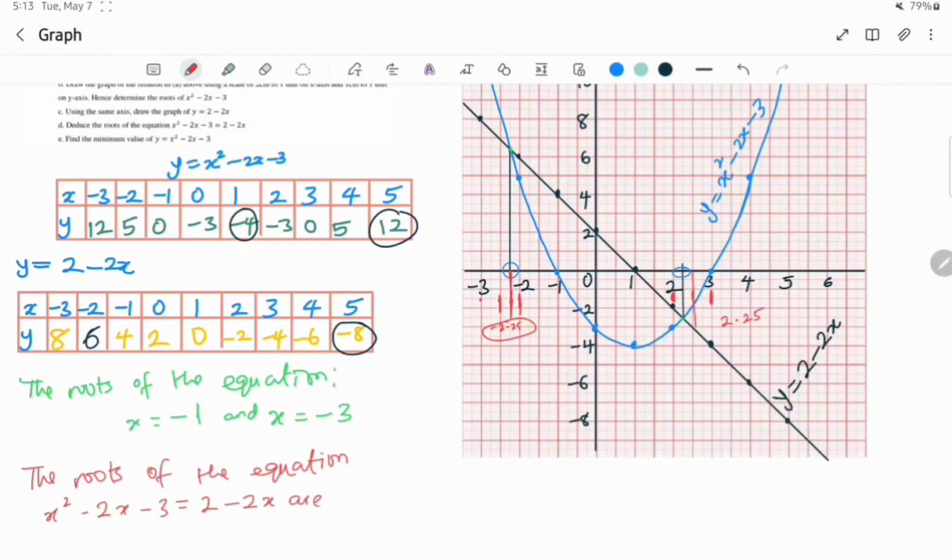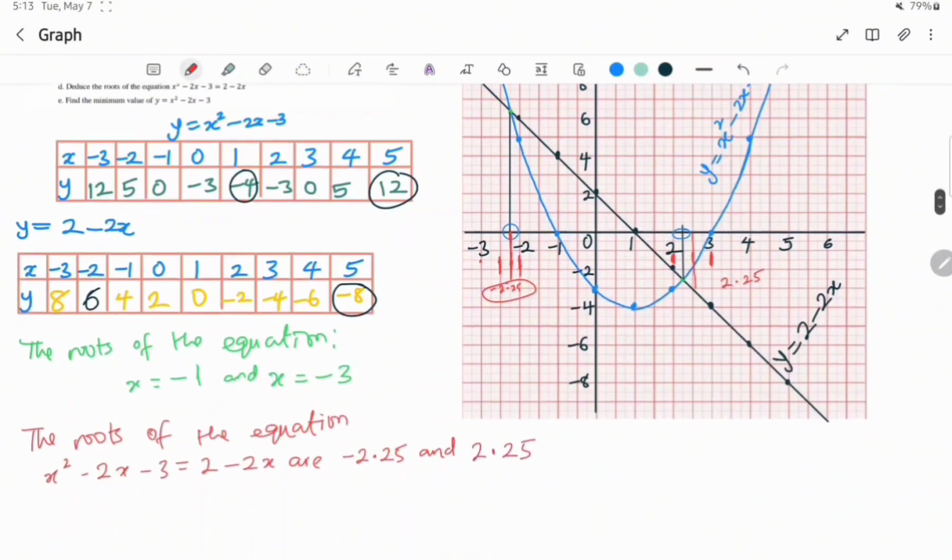The roots are negative 2.25 and positive 2.25, or we can say negative 2.3 and 2.3 if we decide to approximate it. So that's the root of the equation.